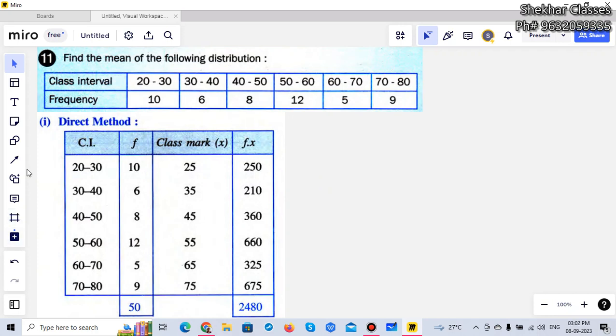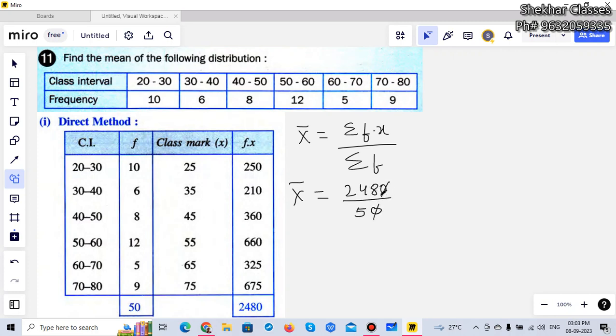We will use the formula, and for the direct method, the formula will be this one, that is, mean is equal to summation of f into x upon summation of f. So we'll find the mean here by the direct method. 2480 divided by 50, you get a cancel here.